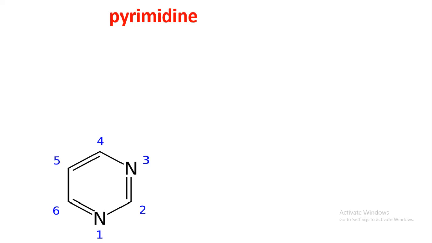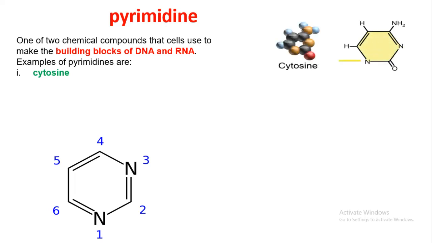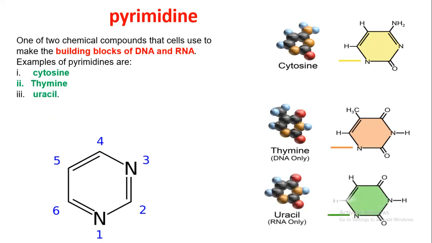Okay, pyrimidine. You need to understand that pyrimidine is just a single ring structure. And pyrimidine is one of the nitrogenous bases which forms part of the DNA and RNA. Examples of pyrimidine are cytosine, which I've shown there in the picture, thymine, which I've also shown in the picture, and uracil, which I've shown in the picture.